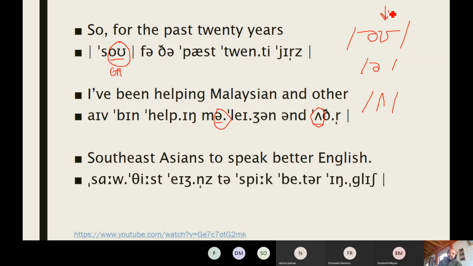If it's not centering, it is closing, right? So what else can we say about this sound? It starts with the first sound. If we're not considering the schwa, we're focusing on this one.